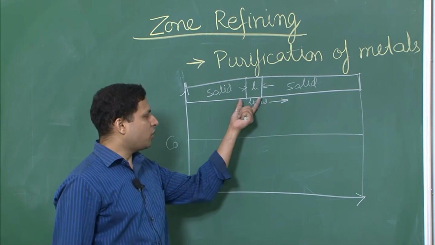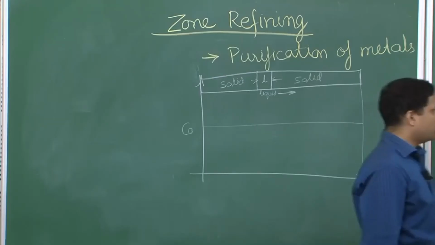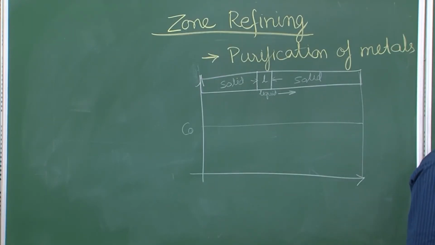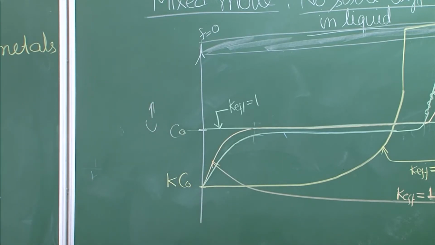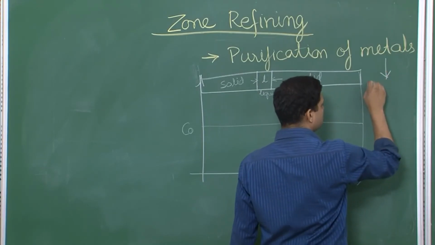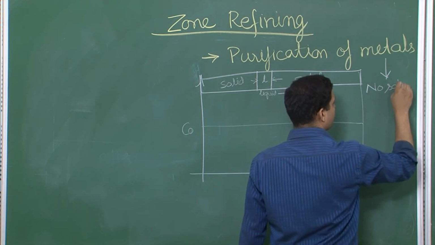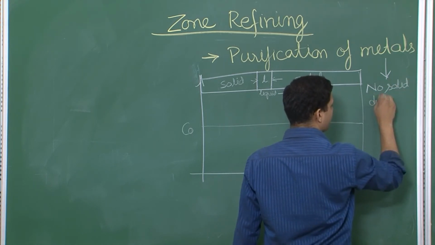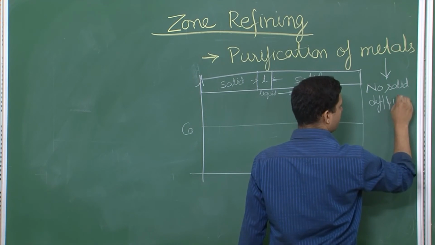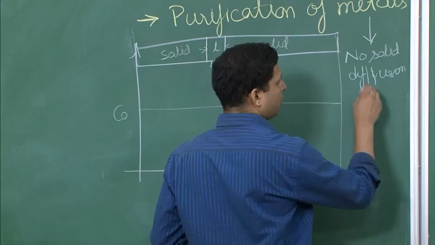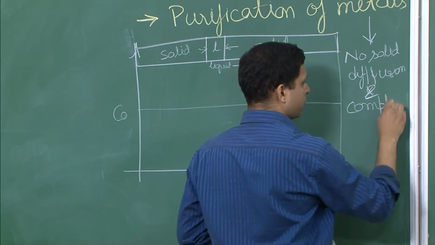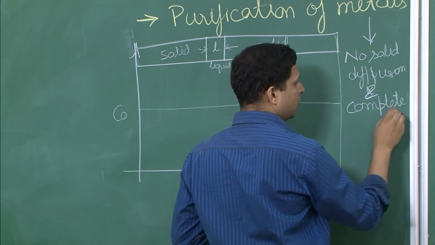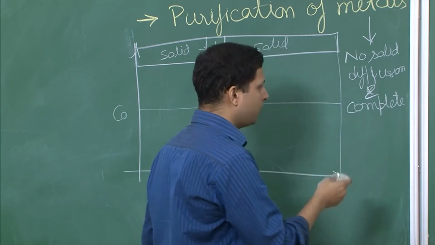If you look at only the small region, it can be compared with the case where we had no solid diffusion and limited liquid diffusion. So for most of these purifications of metals, this is the condition which is maintained, and complete diffusion, or maybe sometimes even complete homogenization.